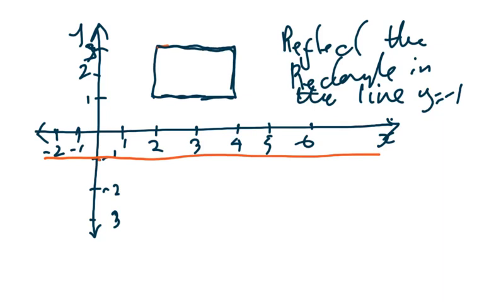Now, that means the line y equal to negative 1 becomes our mirror line. That is therefore our mirror line, meaning every point there, A, B, C, D, is going to move an exactly equal distance from there.